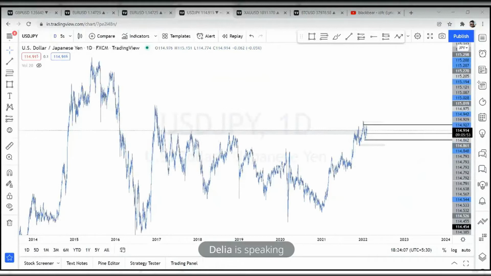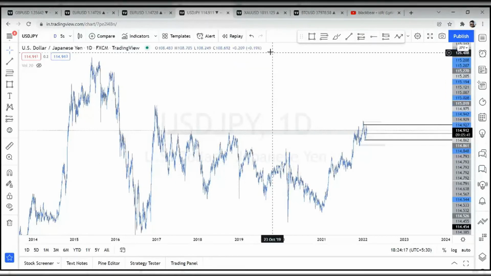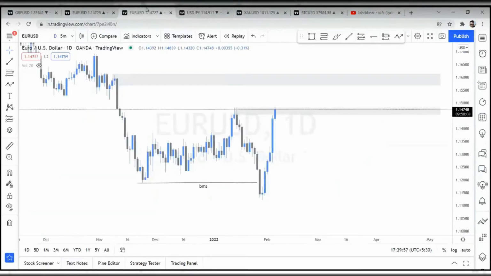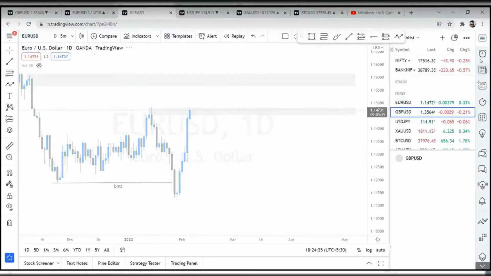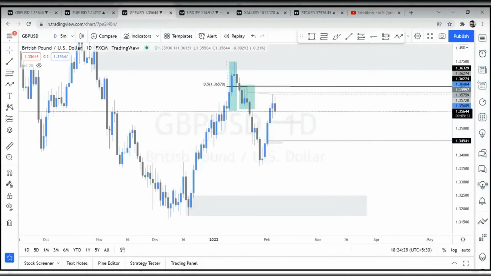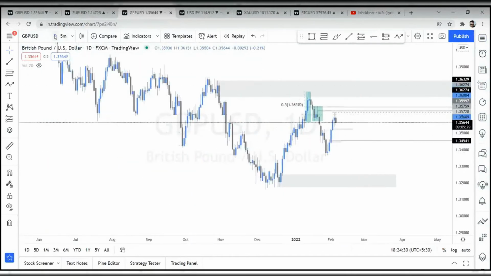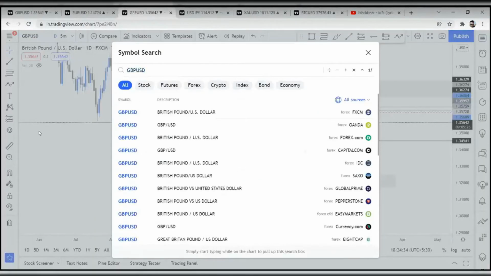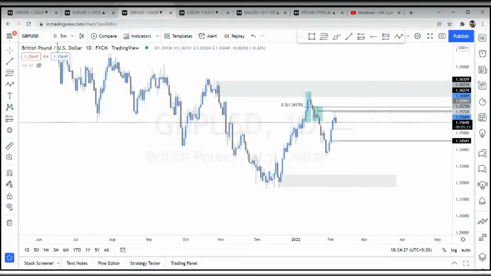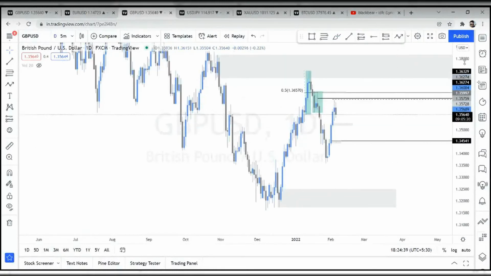All right, just give me a moment. Okay. This is the daily chart. Oh, it's very interesting. Okay, GBP USD.